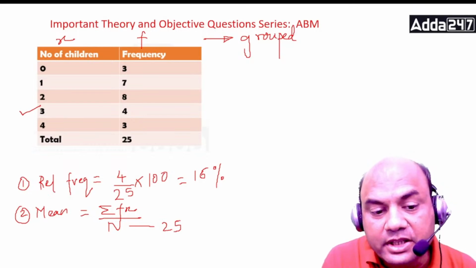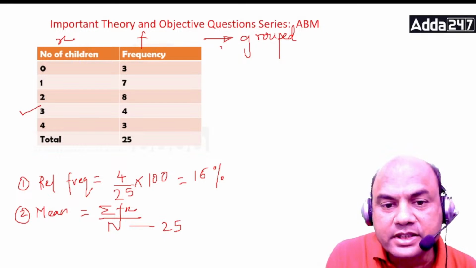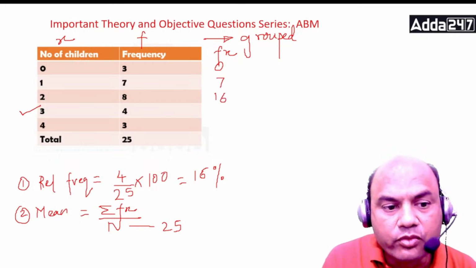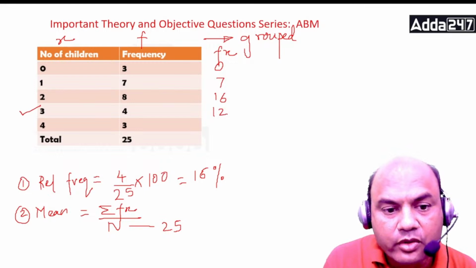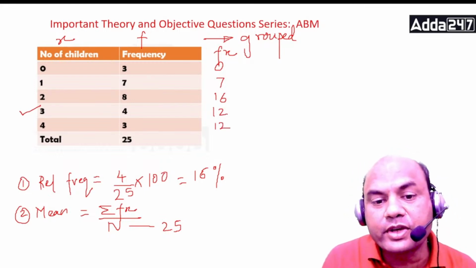Now find out what summation fx means. It's f into x. Multiply this. See this fx: 3 into 0 is 0, 7 into 1 is 7, 8 twos are 16, 4 threes are 12, 3 fours are 12. So summation fx means the total of this.